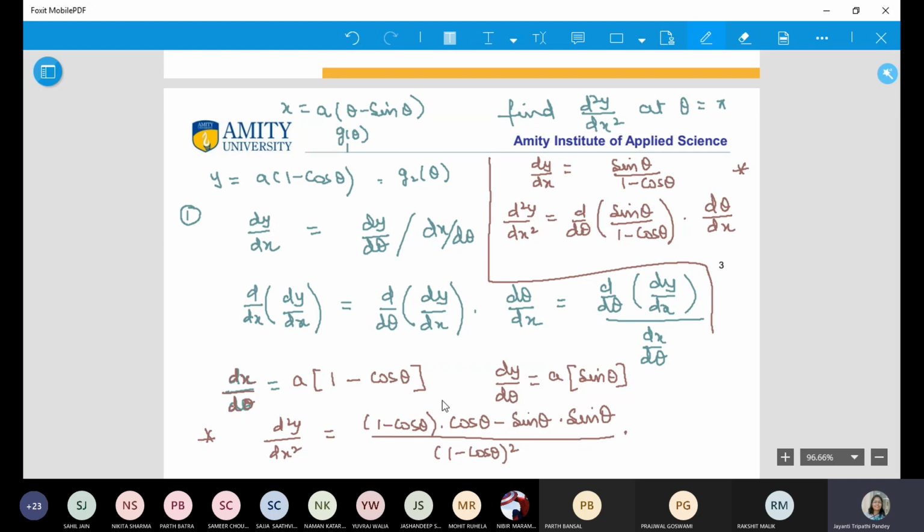Dx by d theta is this, so just the reciprocal of it. 1 upon a into 1 minus cos theta. Is it accepted and understood or not?